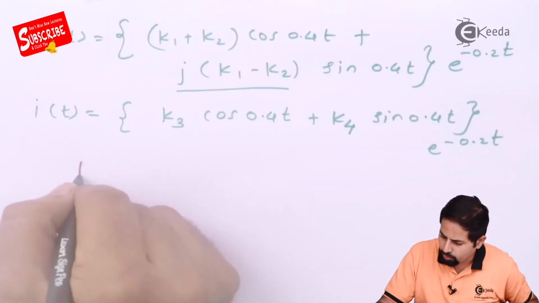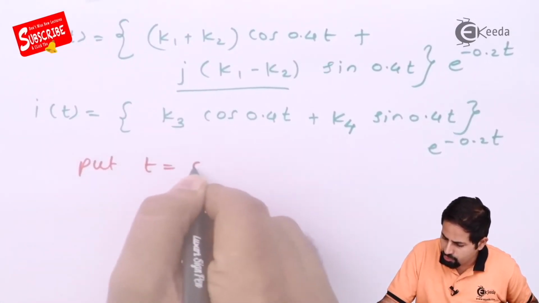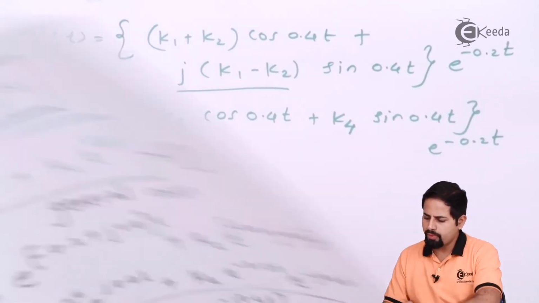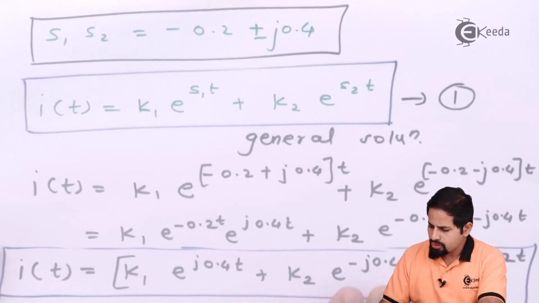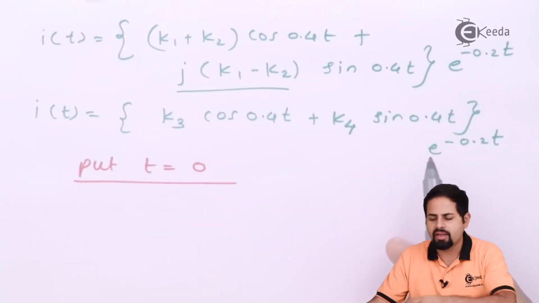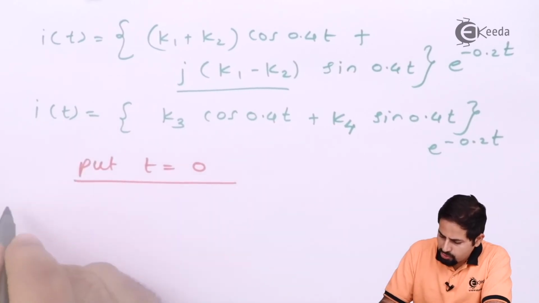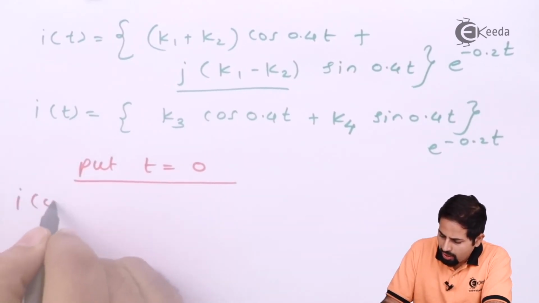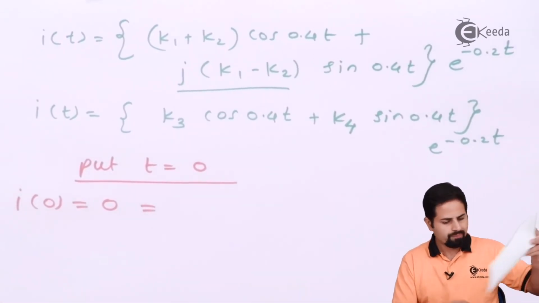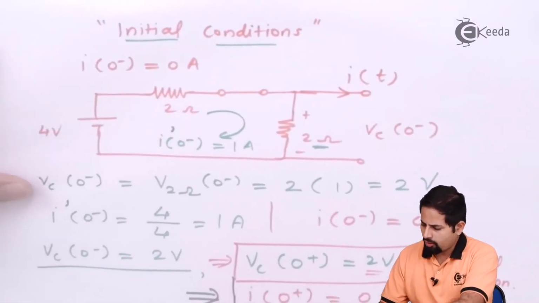So I will put t equal to 0, or you can say 0 plus, and that will give me this. I have solved this equation and it became like this by putting sine and cos. So when I put t equal to 0, I get I of 0, which is equal to 0, because it is the initial condition, I of 0 plus.